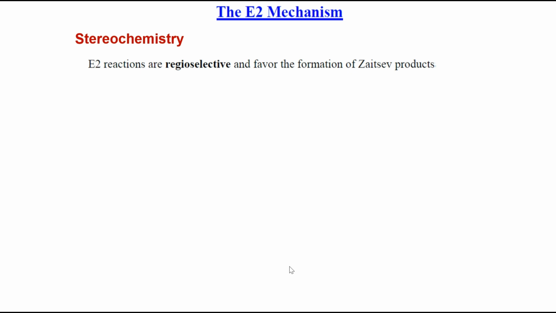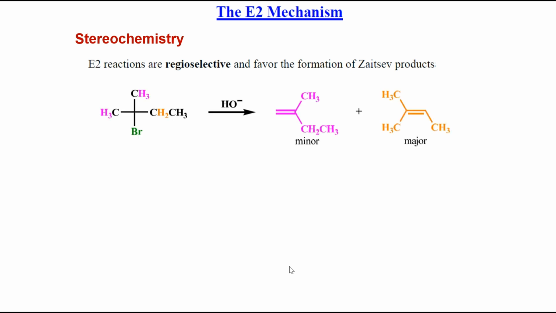What is this Zaitsev's product? If there are two beta carbons, here also this is the alpha carbon, this side one carbon, this side another carbon, two beta carbons. The proton can be eliminated from the right side carbon and also from the left side carbon.